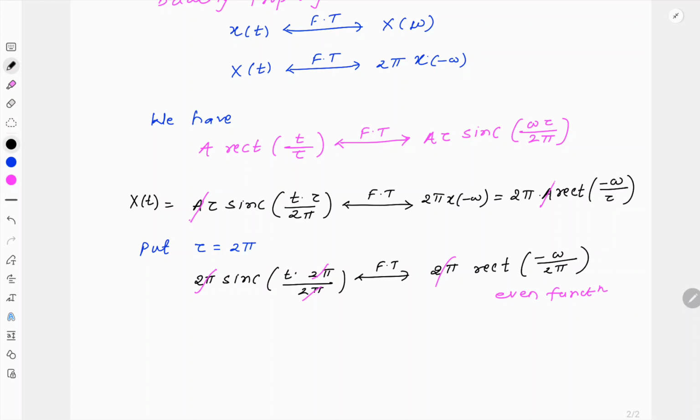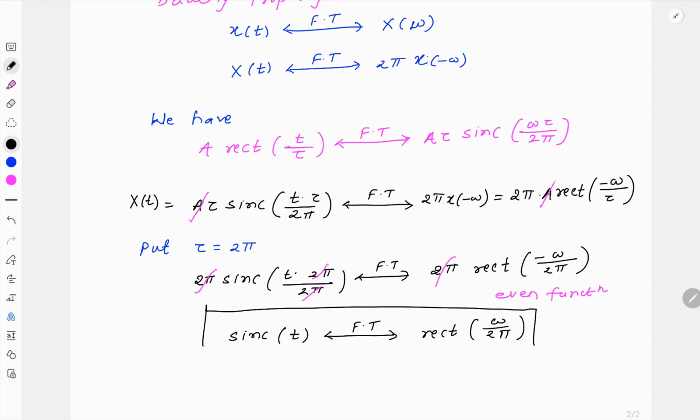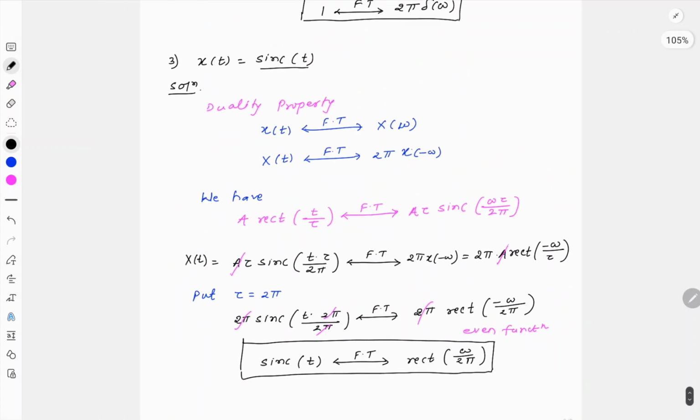So we get the simplified equation as: sinc t has the Fourier transform pair rect of omega upon 2 pi, as rect is even, it is symmetric about the y-axis, so the negative sign will have no impact on the signal. So with this we obtain the Fourier transform of sinc in terms of a rectangular function in the frequency domain. This is how we can use the different properties to solve examples.